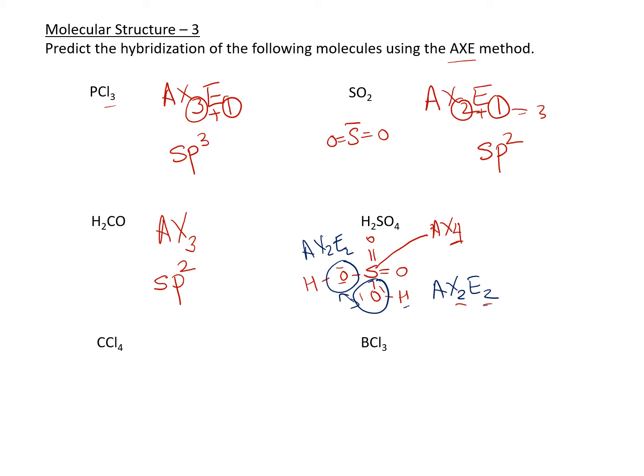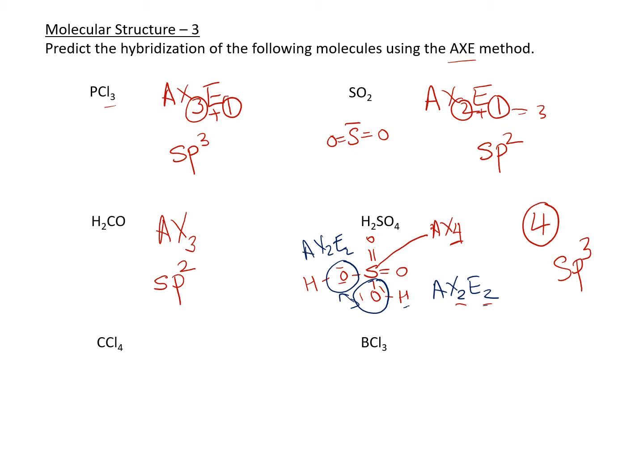Tetrahedral electronic geometry means that I need 4 electron groups, and I can get the 4 electron groups from sp3. That's 1 from s and 3 from p. That will give me the 4 electron groups. I hope I'm not going too fast for you, but if you're comfortable with your Lewis structures and with AX formulas, then this is really the quickest way to figure out the hybridizations.